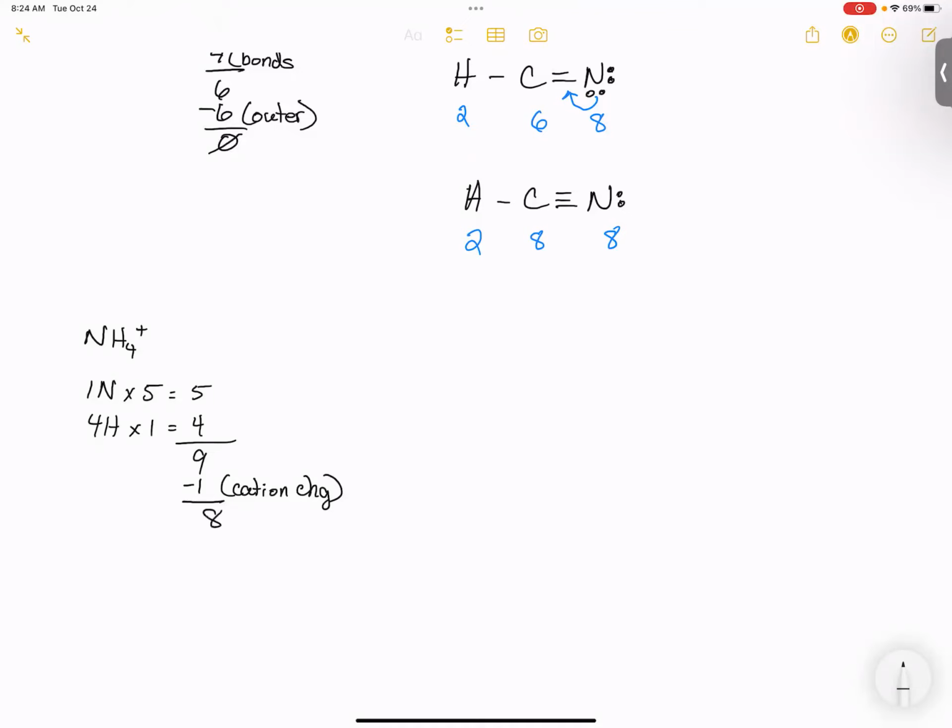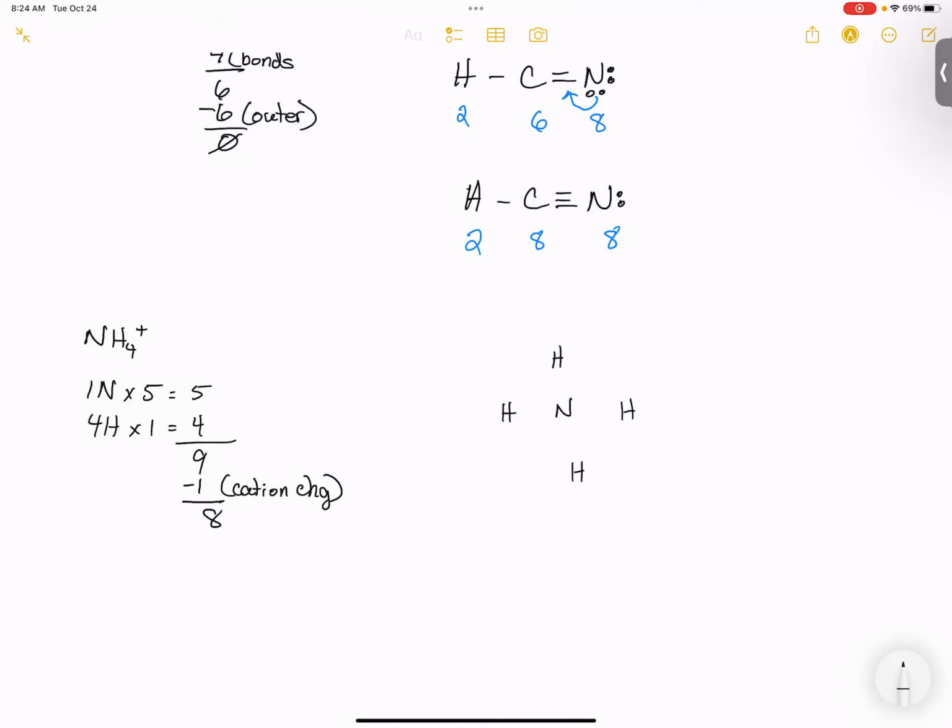Meaning I actually only have 8 valence electrons to distribute. The nitrogen is going to be the center of attention around which we're going to place all hydrogens to develop our skeletal structure.